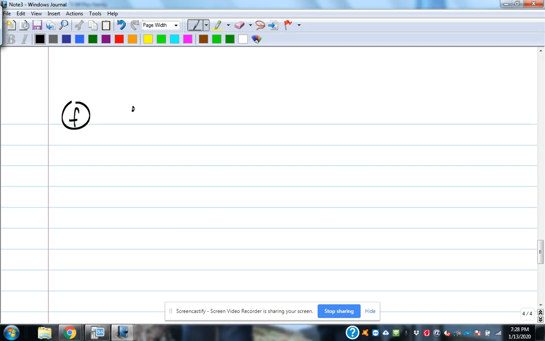Let's say we had f of x is equal to x squared plus 2. And then they put this little thing here on the outside, x is greater than or equal to 0. What that does, when they put that little domain restriction on the side, is it makes this a one-to-one function.